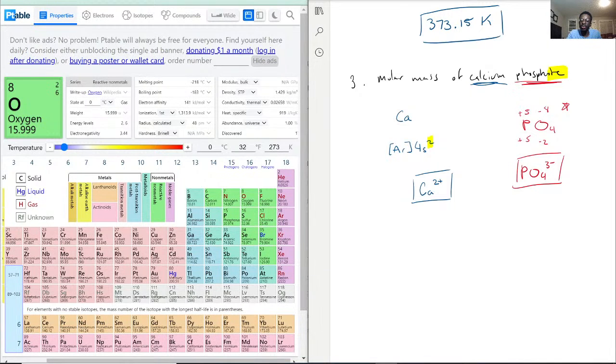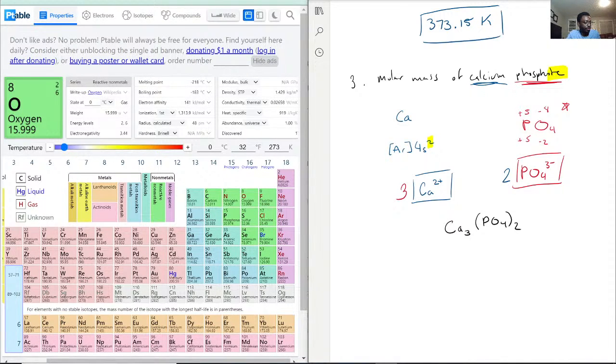So for this, we would actually need to multiply this by 3 and multiply this by 2. So in total, calcium phosphate is Ca3(PO4)2. Now we've done all that work, but we haven't actually figured out the molar mass.